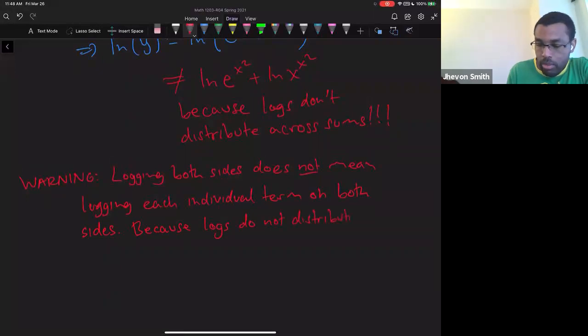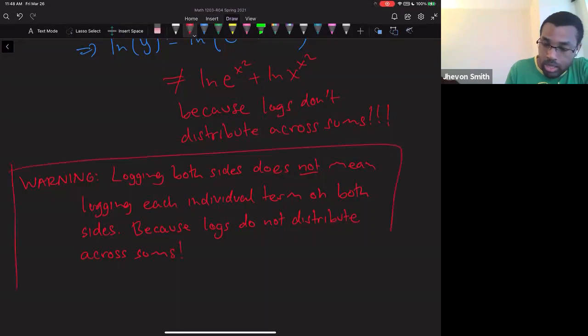So that was a very common mistake. I just want to make sure that you guys know you can't do that. Logs do not distribute across sums. That's a common mistake, and you don't want to do it. It does not work because of the log property.